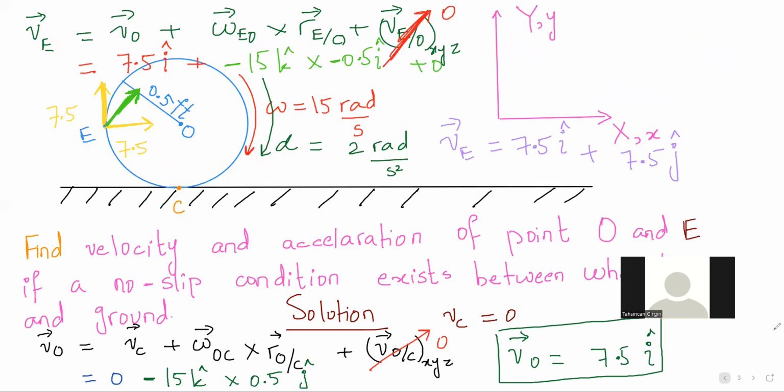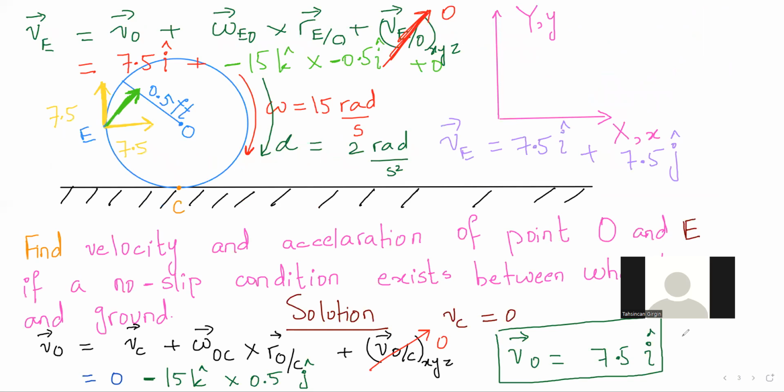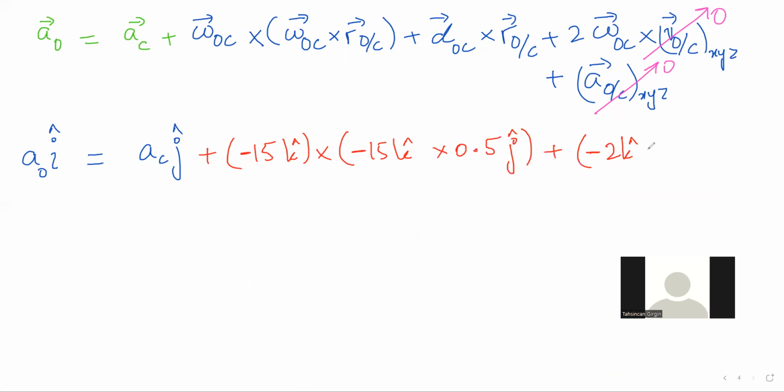Because of this coordinate system, 0.5j, I think. And plus alpha, minus 2? No, not 4. 2. Hang on, I forgot. Minus 2, cross 0.5j.